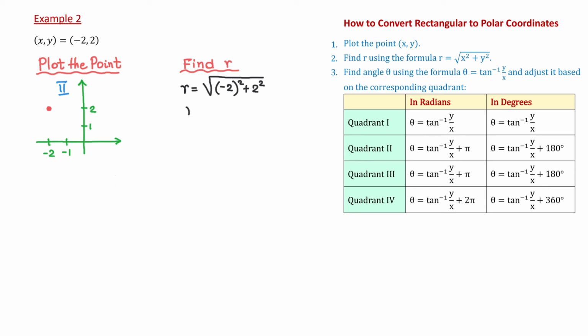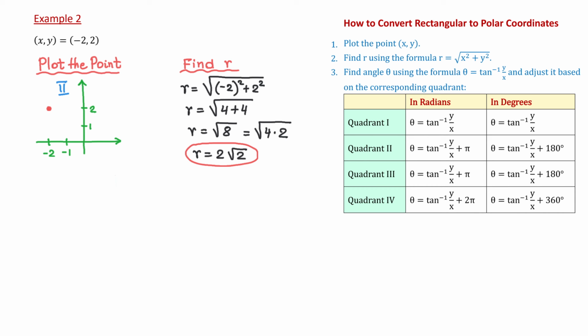Then r equals square root of 4 plus 4, and this makes square root of 8. Then to simplify, we will write 8 as a product of 4 times 2. And if we take square root of 4, then r equals 2 square root of 2.